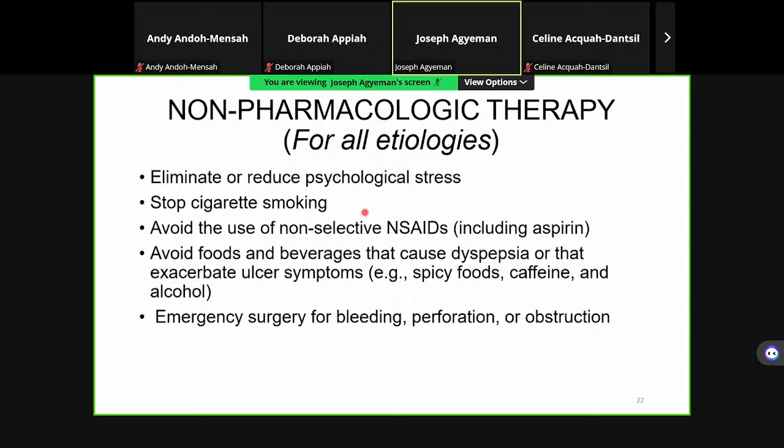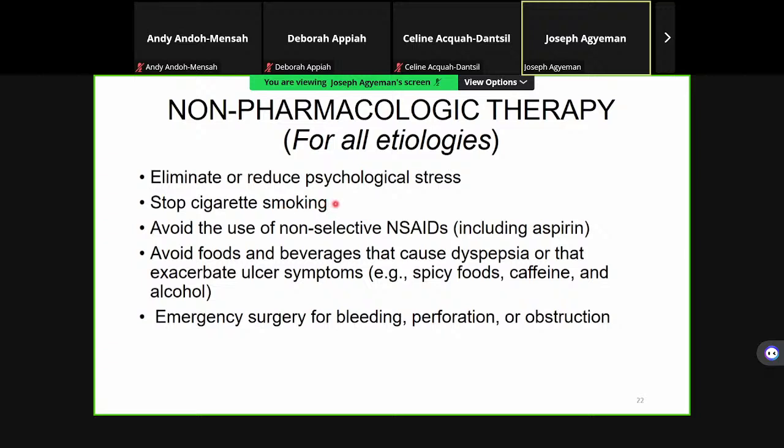Non-pharmacological strategies. We said stress can give you ulcer through excessive cortisol release. So try and reduce stress. If possible, eliminate stress. If you smoke, cease smoking. Remember, cigarette contains nicotine. It can cause reduced prostaglandin synthesis, reduce mucosal blood flow, bile acid regurgitation. So cease smoking.